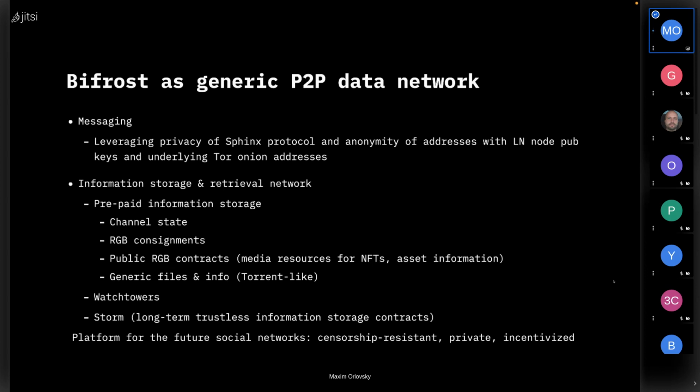All of that can be put on top of Bifrost as applications, and independent developers can create applications using those, providing that functionality to end users without any changes to Bifrost, as already said. So in fact, Bifrost may be considered a future platform for social networks, which can be censorship resistant, private, and incentivized with Bitcoin payments natively.